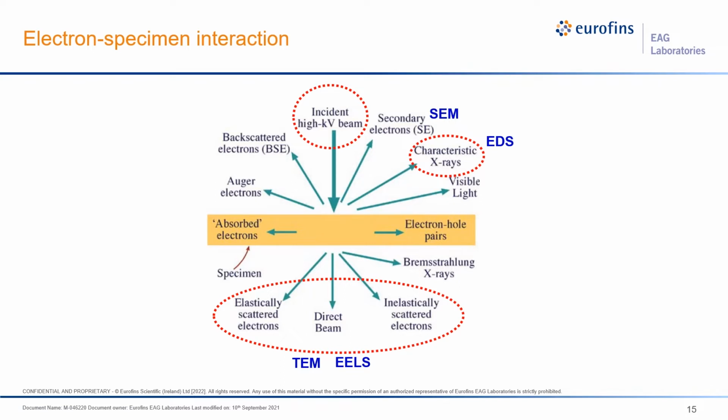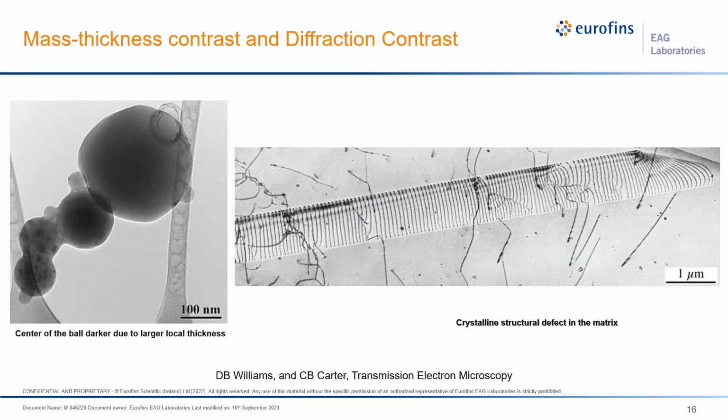And there's also a technique called electron energy loss spectroscopy. Basically, a portion of the electrons will lose energy, and then you can analyze the energy loss.